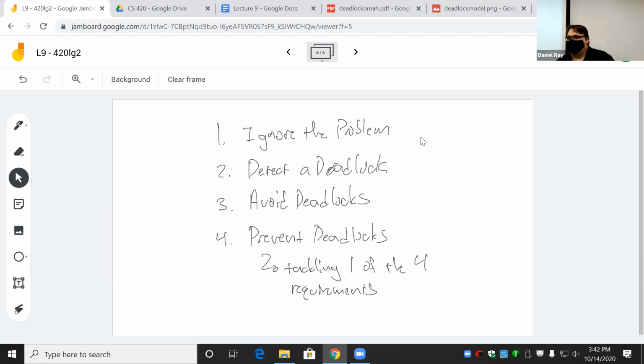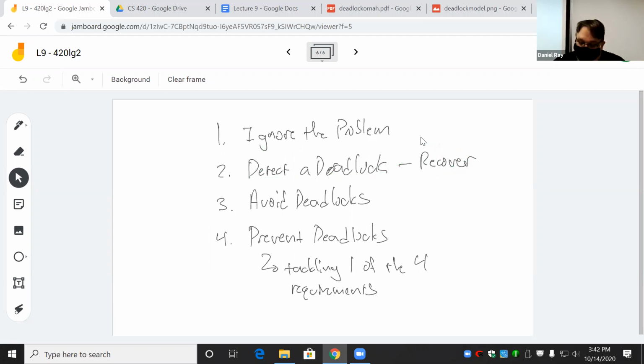You can prevent deadlocks. Okay? That's the last thing we're going to look at. First, we're going to talk about how to detect a deadlock. And if you detect a deadlock, then you're also going to want to recover from a deadlock. We're going to focus today on this, and this is predicated on this. Okay? And it's its own sort of field of study.